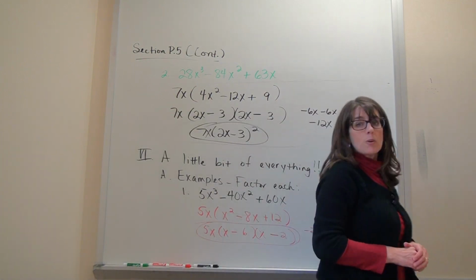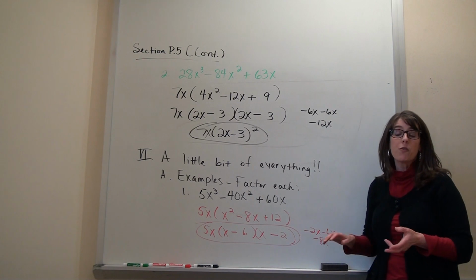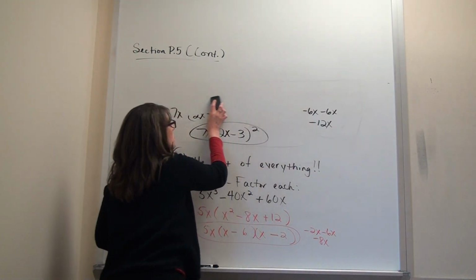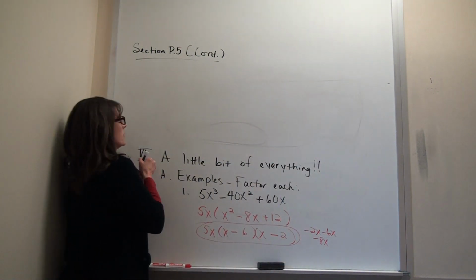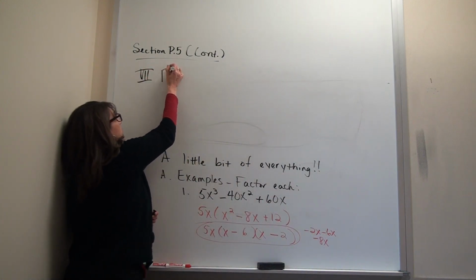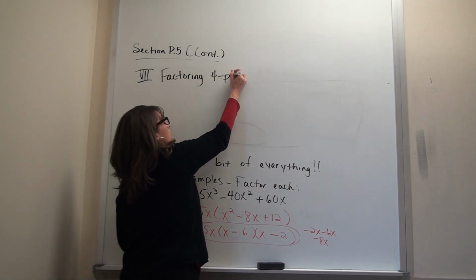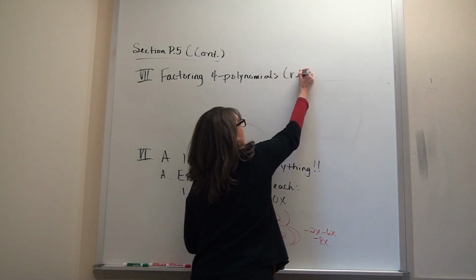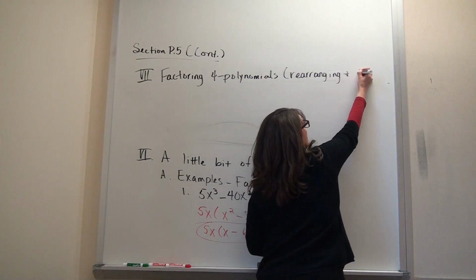Okay, so the last thing that we're going to look at now, we've been looking at trinomials, and now we're going to look at 4 polynomials and how that works. With 4 polynomials, it's a matter of regrouping and rearranging and grouping.